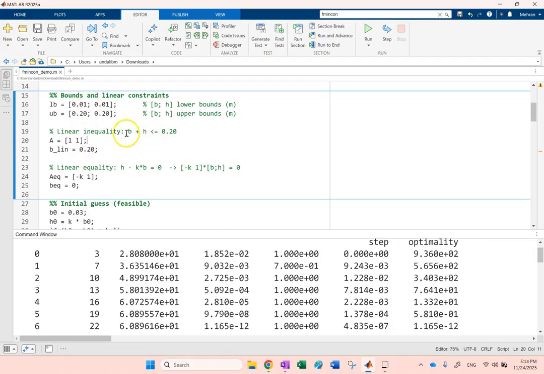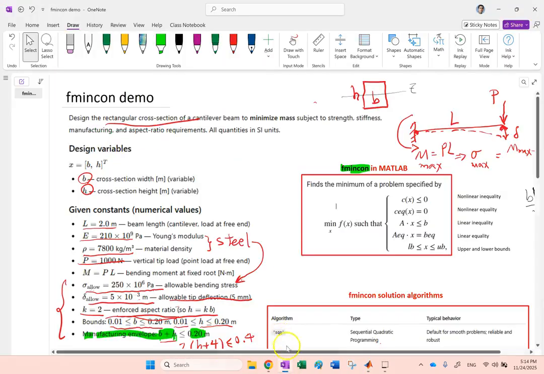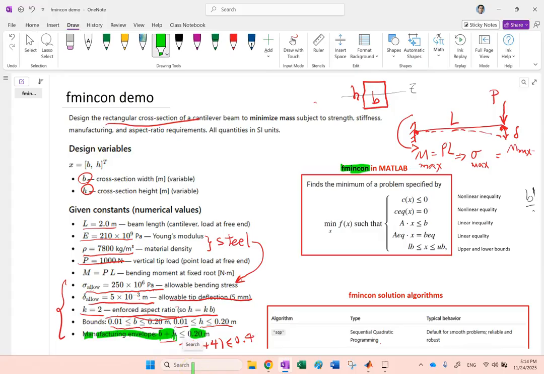Then, for the equation B plus H less than or equal to 0.2, your linear inequality is of which form? It's of this form, if you can see it, AX is less than B. Okay, and in your case, this is the equation: B plus H is less than 0.2.